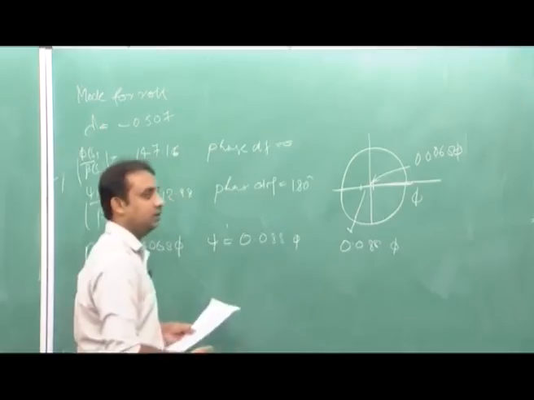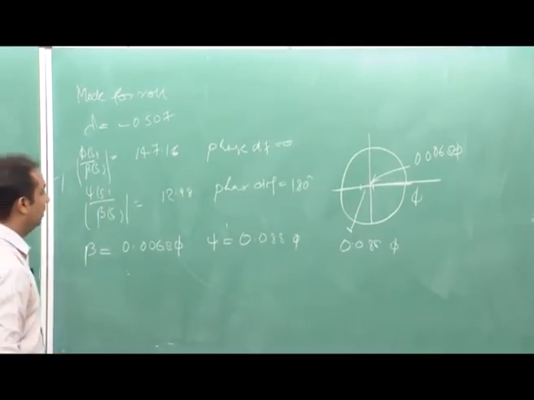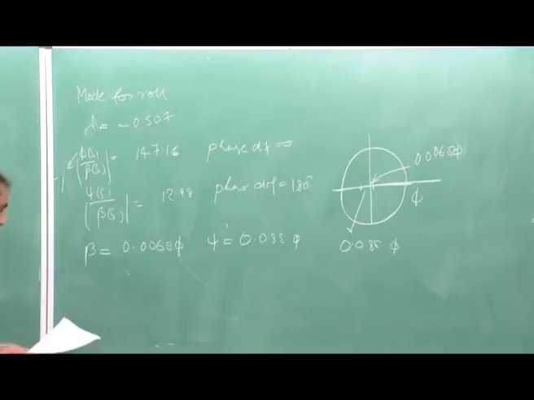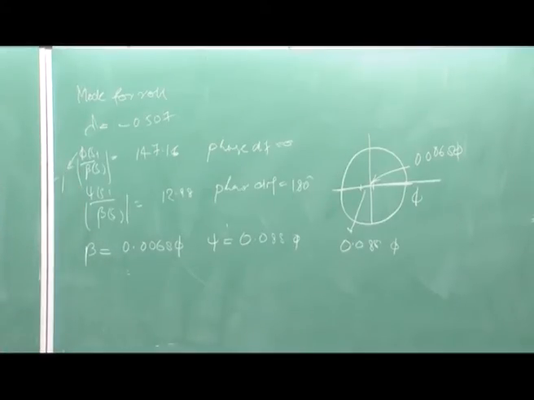Now from this analysis, you can see for rolling mode, phi, the bank angle, is dominant for roll mode, and the last analysis will be for your Dutch roll.